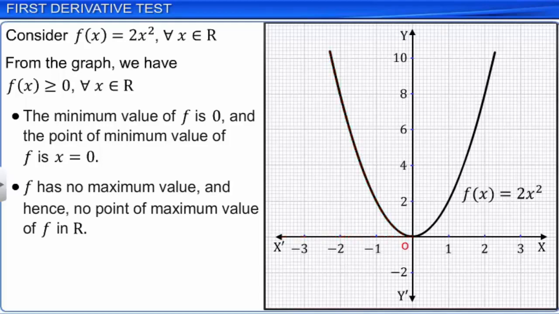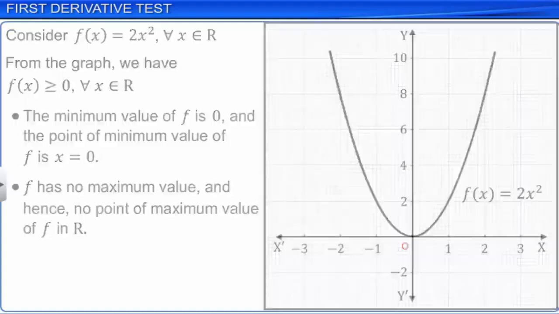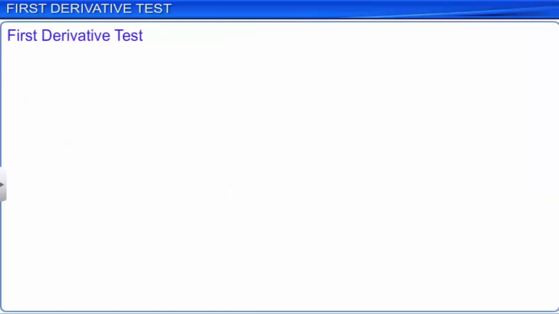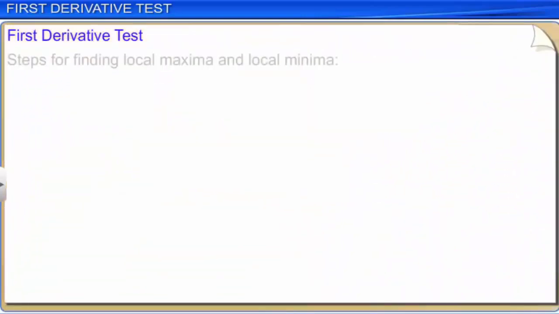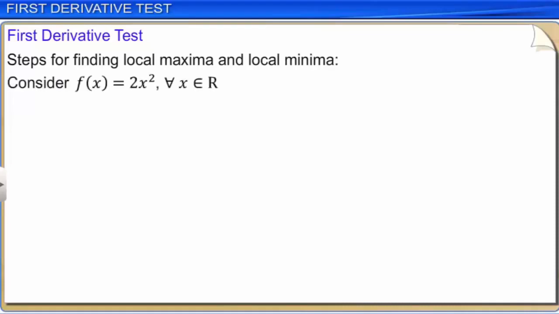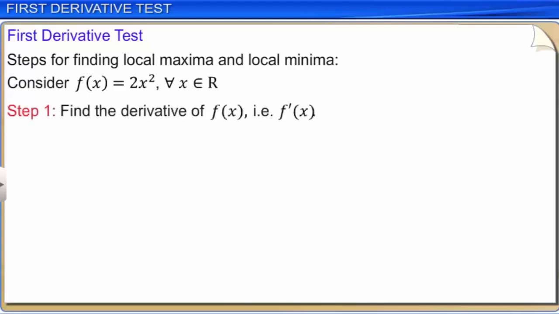In addition to this method, there is another method known as the first derivative test, which is quite frequently used to find the minimum or maximum value of a function. Let's learn about this method step by step in detail and find the local maxima and the local minima of the function f of x is equal to 2x squared. The first step is to find the derivative of the function f of x.